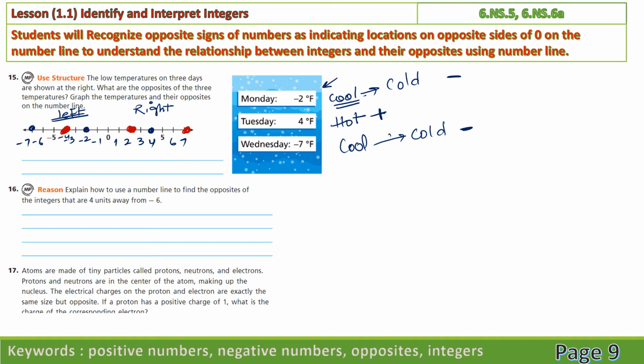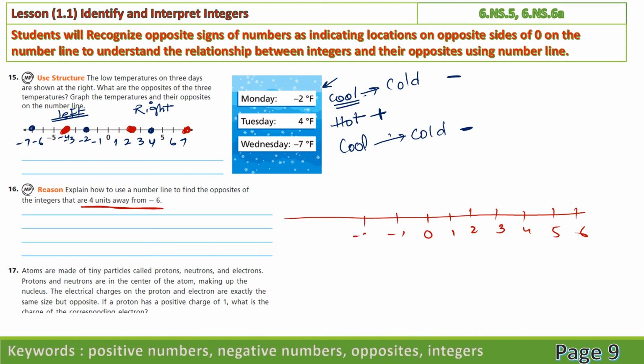We have graphed them. Now they are asking, explain how to use a number line to find the opposite of the integer that is 4 units away from -6. Look at this. First make a number line. Now label it. So here 1, 2, 3, 4, 5, 6 and so on.